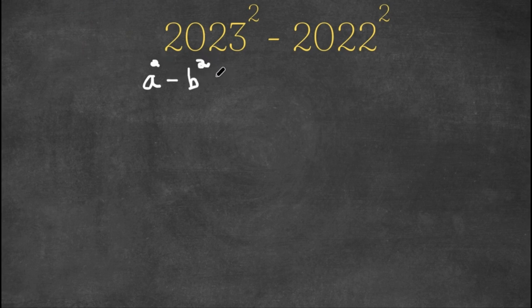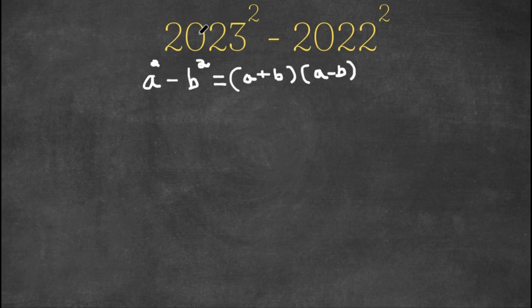And this is actually equal to a plus b times a minus b. So if we have something in the form a squared minus b squared, this is equal to a plus b times a minus b. Because if you end up multiplying these two, then this is what you'll get.